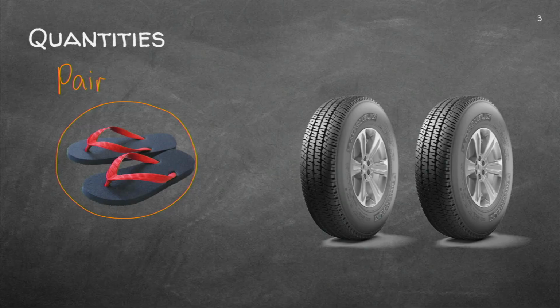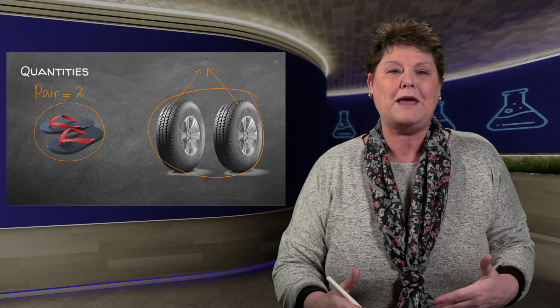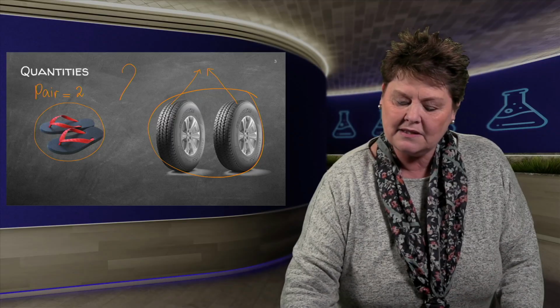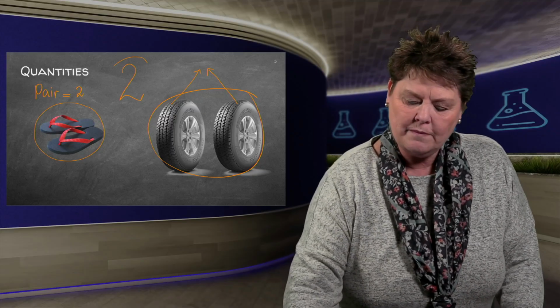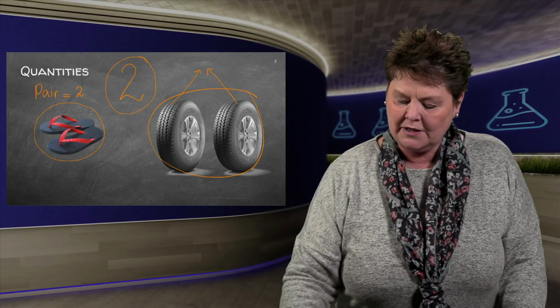And we know a pair is the word for two. So it depends where you've got this applied to. Even with tires, you can't just fix one tire on a motor car or a taxi or a vehicle. You always need to fix both of the front wheels or the back tires because they work in pairs. And pair in this case is two. So the word pair, the word dozen, means whatever number it constitutes.